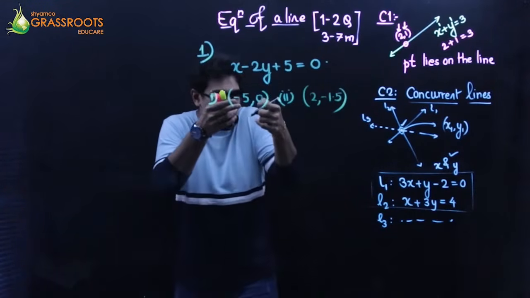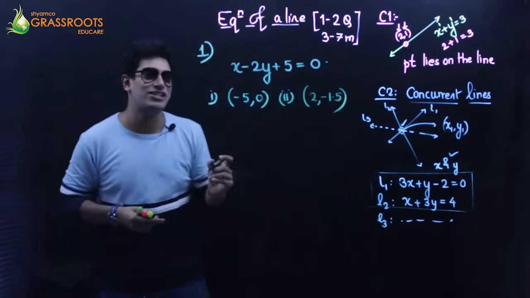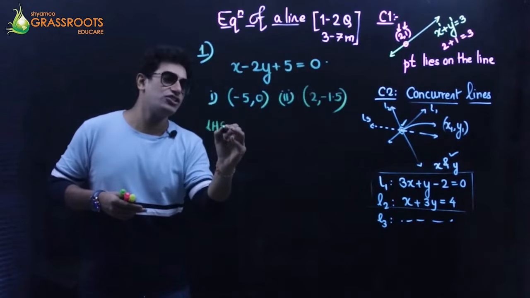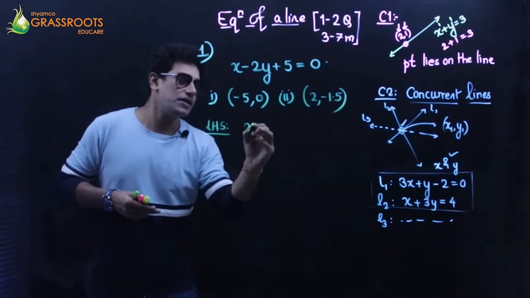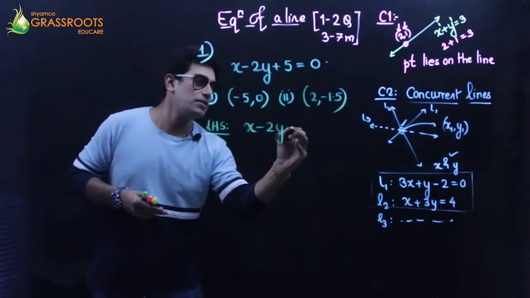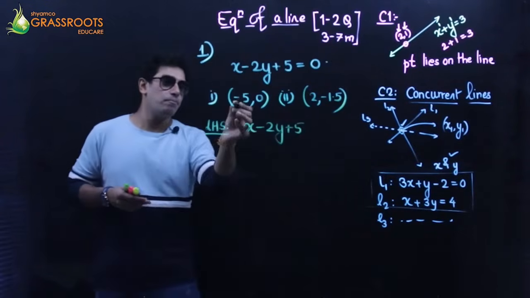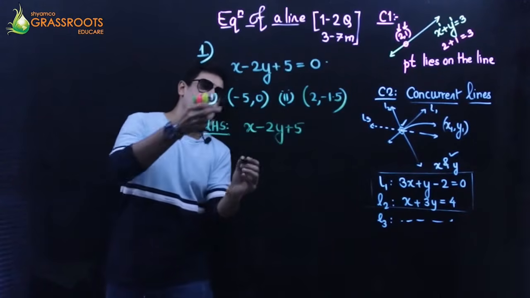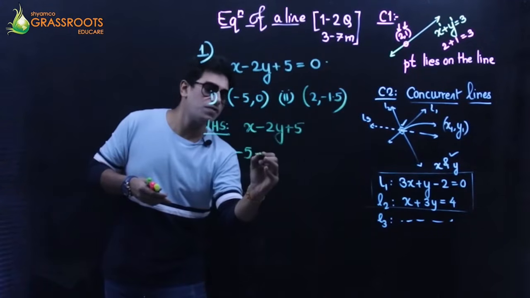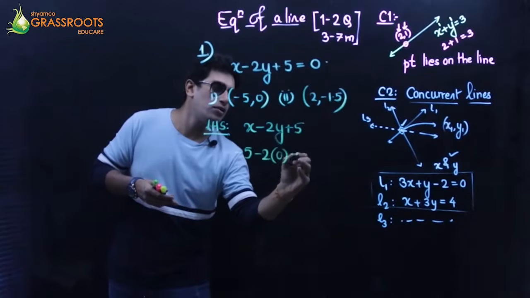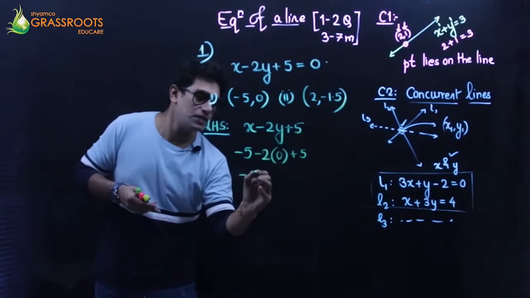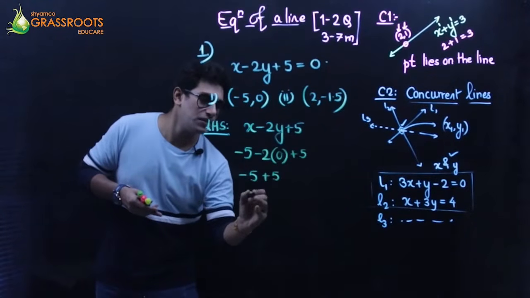Let's do one thing, simple. Put the point in the LHS of the equation. So LHS, left hand side, is x minus 2y plus 5. Put x as minus 5, y as 0. Minus 5 minus 2 into 0 plus 5. That's minus 5 plus 5, 0.